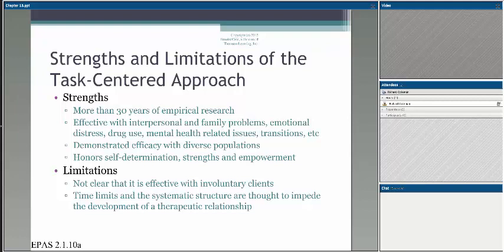And it also honors self-determination, strength, and empowerment. So it's really built so that those tasks are designed around what families are able to actually do, and to come up with, create, and even brainstorm about.